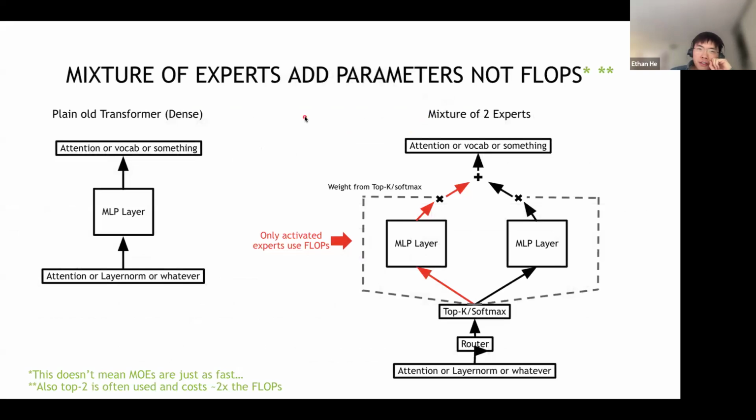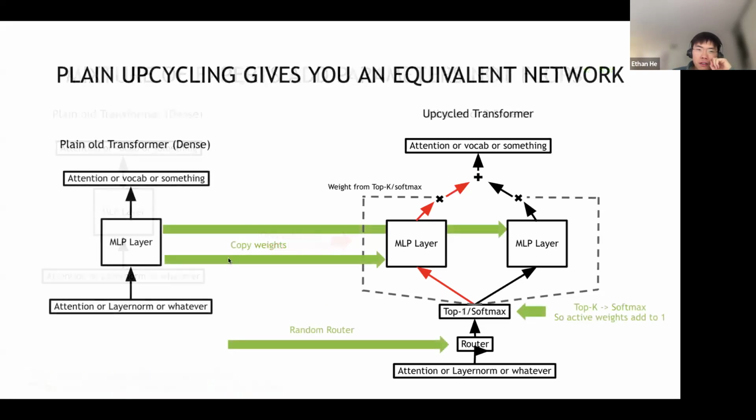So this revisits the concept of MoE. Let's say you have the MLP in the original plain old transformer, and here this is a mixture of two experts. One of the experts is activated, so the FLOPs are the same as the original model, while the parameters are increased.